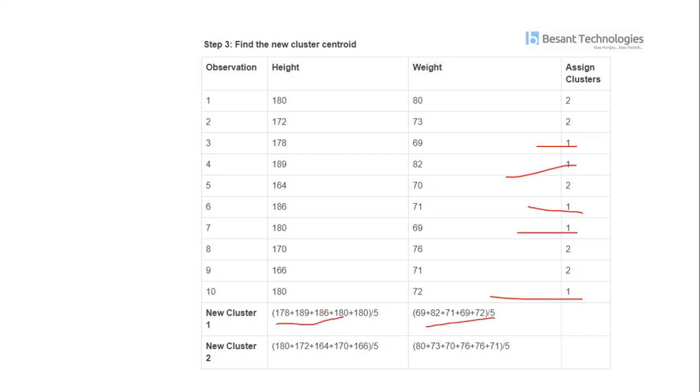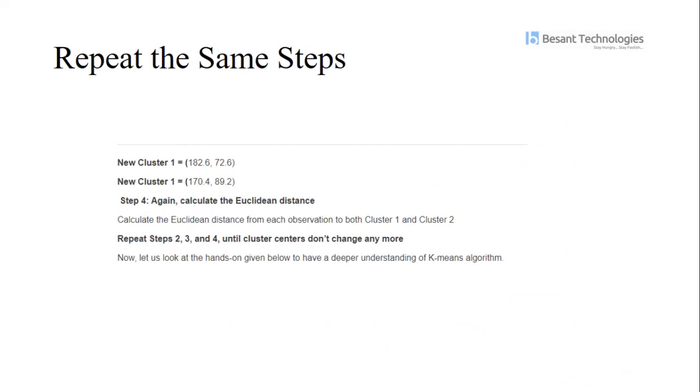This is my first cluster, and again I put all the second cluster points together, and this is my second cluster value. So our new cluster values are something like 182.6, 72.6 and 170.4, 89.2. This is how I calculate my k value.